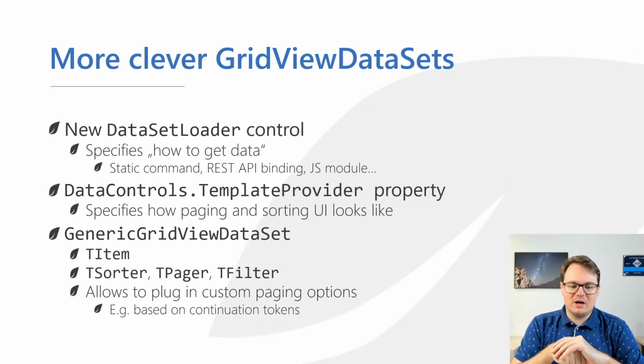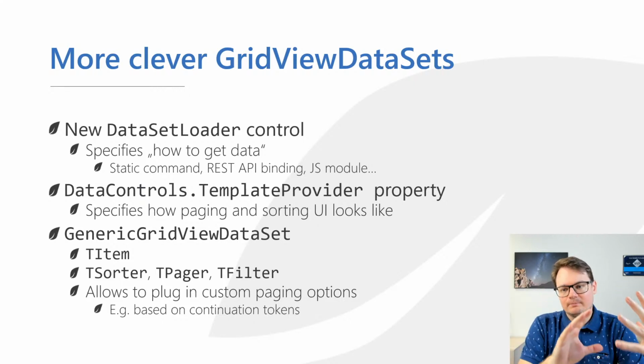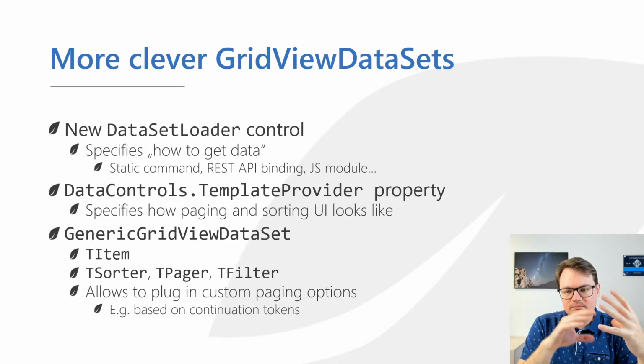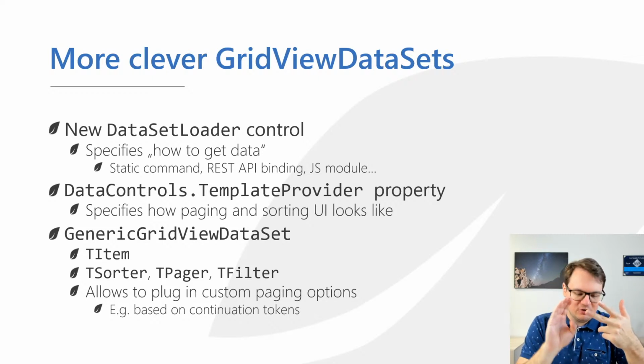First, we were thinking about the concept of some kind of dataset loader, because the dataset is a presentation layer concern. It should define the data you want to display, and it's just a declaration that I am displaying this data with these sorting settings, these paging settings, and this filter.